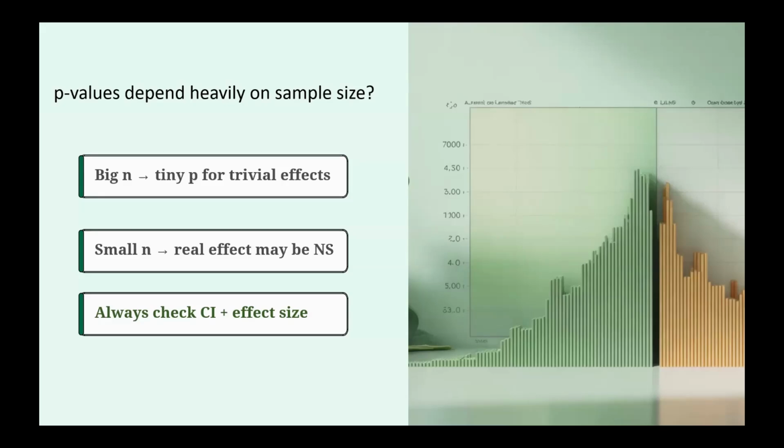So the effect size may be really big, but it may not be statistically significant. When you get a p-value more than 0.05, the effect size may be really big. The difference between two groups may be, say, 10% or 15%. Just because you have conducted a study in 20 patients, it may not show a p-value less than 0.05. It's just a play of numbers.